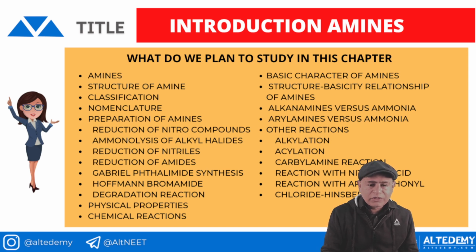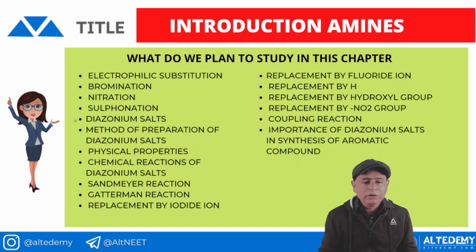Coming to another part, we will be talking about electrophilic substitution, among which we come across bromination, nitration, and sulfonation. Diazonium salts we study separately, and we cover the method of preparation, physical properties and chemical properties of diazonium salts.